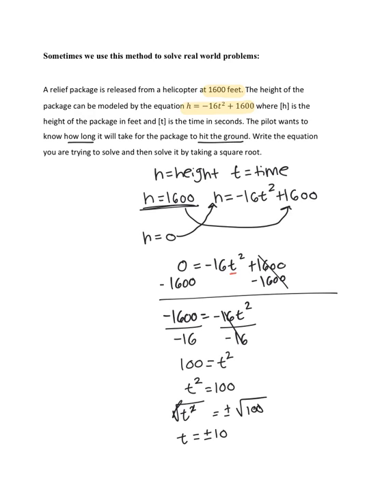So what this is saying is that the time it takes for the package to hit the ground is either a positive 10 seconds or a negative 10 seconds. There is no such thing as negative time, so this solution of -10 seconds is just going to be crossed off, and my real answer is going to be 10 seconds. So it's going to take 10 seconds for the package to hit the ground.